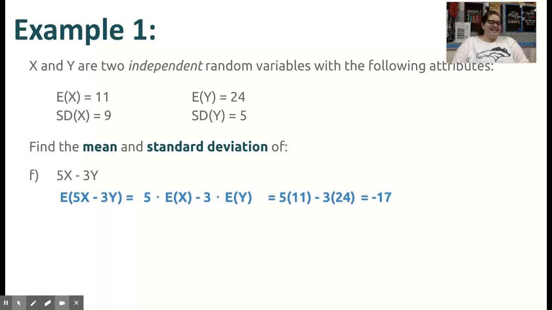Standard deviation is tricky, especially on one like this where we are doing a little of both. We have some scaling and we have some combining happening. Firstly, remember that even though we're subtracting these random variables, when we deal with the combining of the variances, we have to add. We always increase standard deviation or variance, even if we're subtracting the 2 variables.